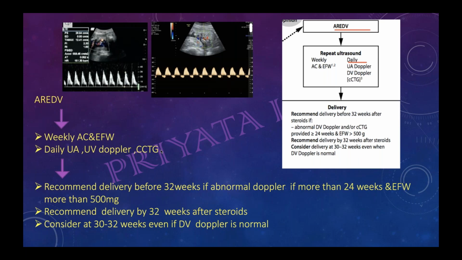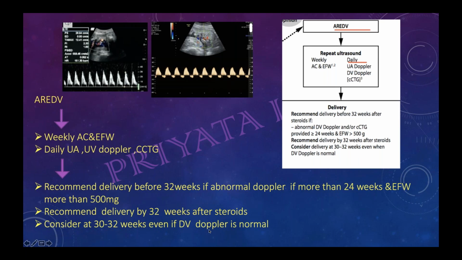But pregnancy has to be more than 24 weeks, because that is the period of viability, and the estimated fetal weight has to be more than 500 grams, because less than that it will be of no use delivering this baby, as the baby will not survive. And if you are following up this patient, and UA, UV Doppler and CTG, everything is going fine, then also please take out this baby by 32 weeks.